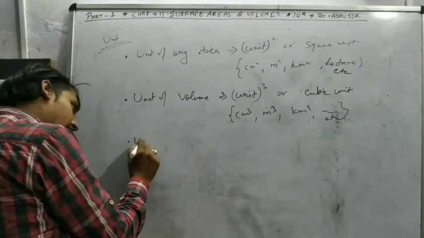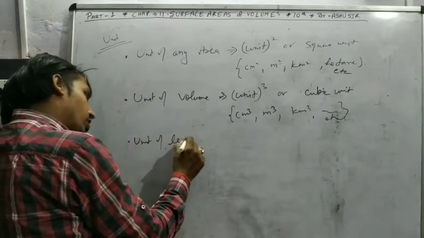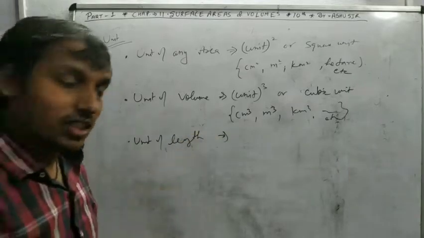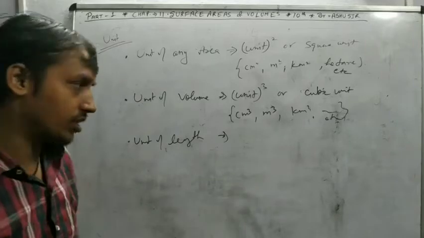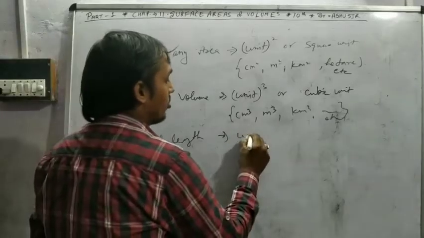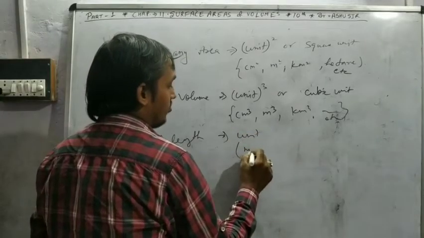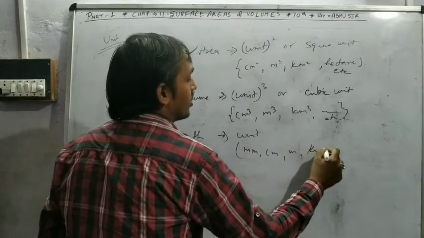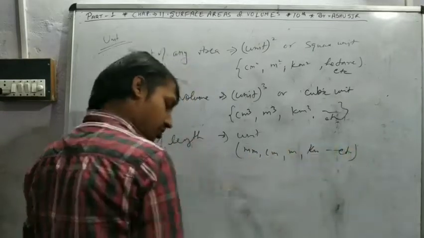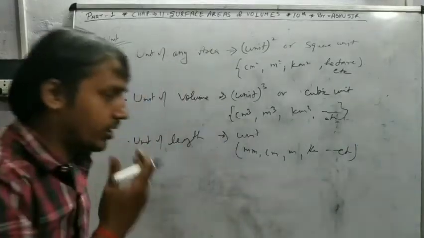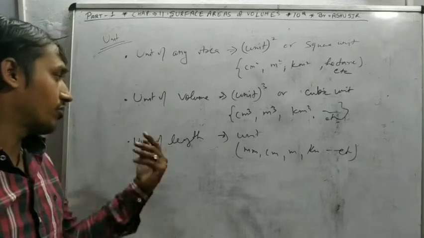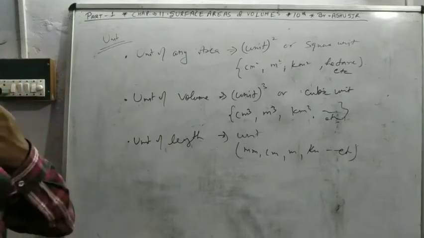As for the unit of length, length means only a distance. Length, breadth, height, they are all lengths. The units are millimeter, centimeter, meter, kilometer, etc. Decimeter, hectometer, angstrom, they are all units of length. Okay.